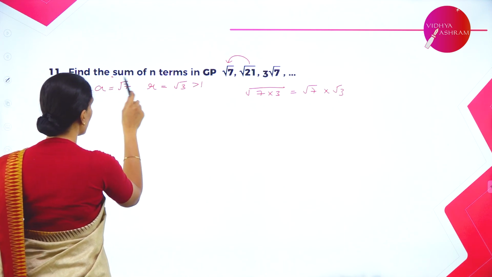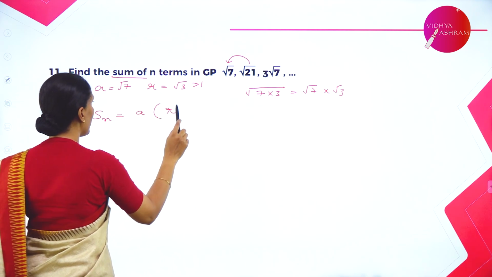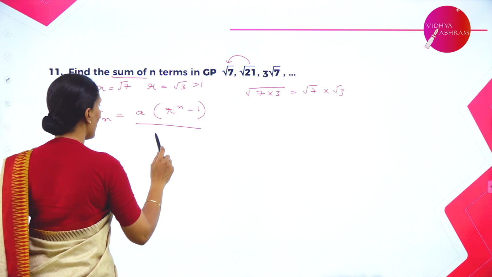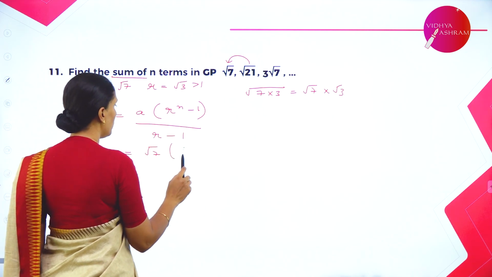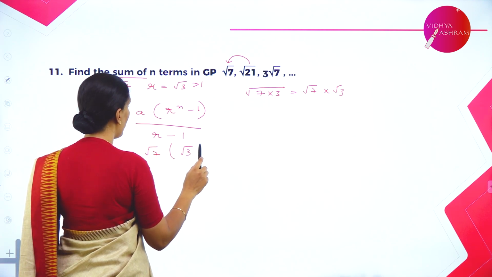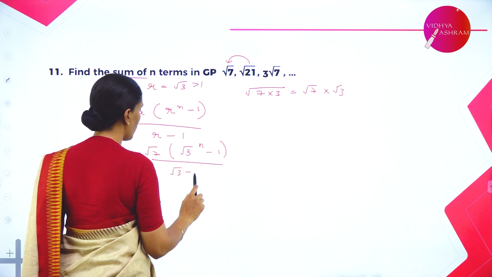Since r is greater than 1, the sum is given by a into r to the power n minus 1 divided by r minus 1. So it is root 7 into (root 3) whole to the power n minus 1 divided by root 3 minus 1.